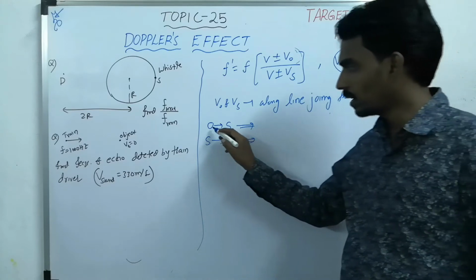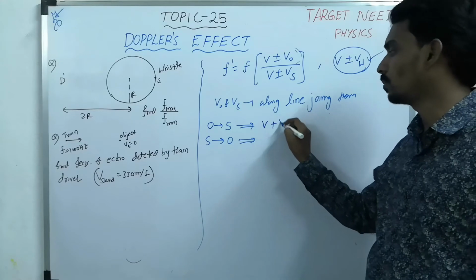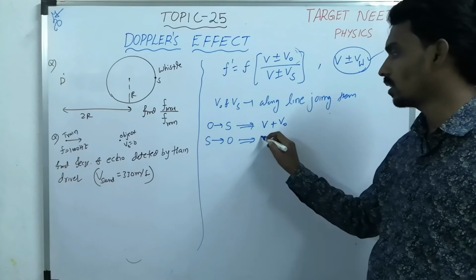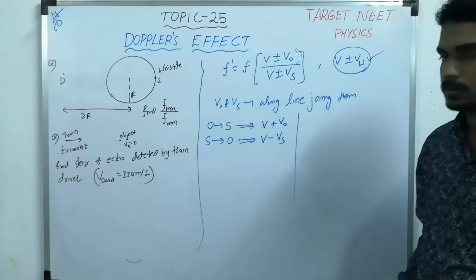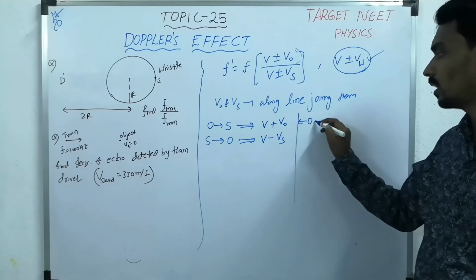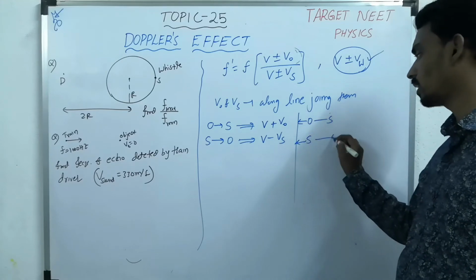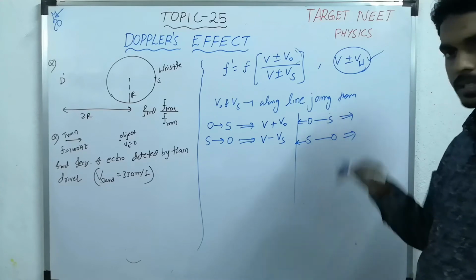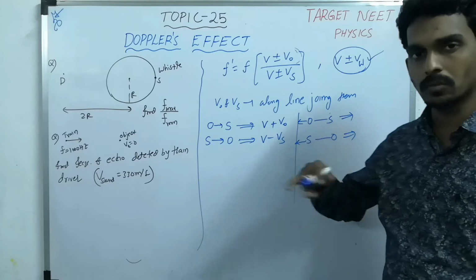So when the observer approaches, you take v plus v naught. But when the source approaches, you take v minus vs. Similarly, when the observer recedes away from the source, or the source recedes away from the observer, in both cases the frequency decreases. The numerator should be less, the denominator should be high.